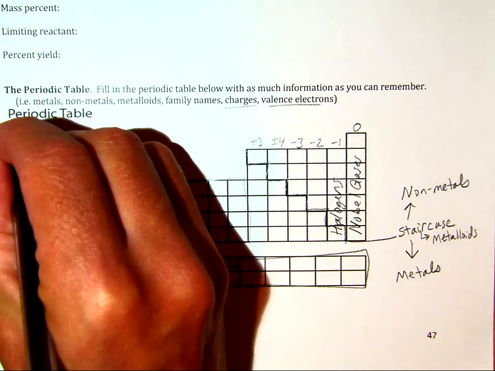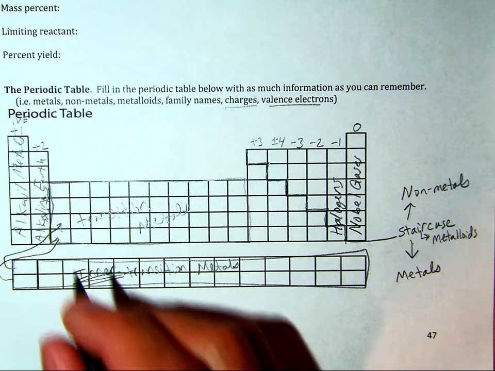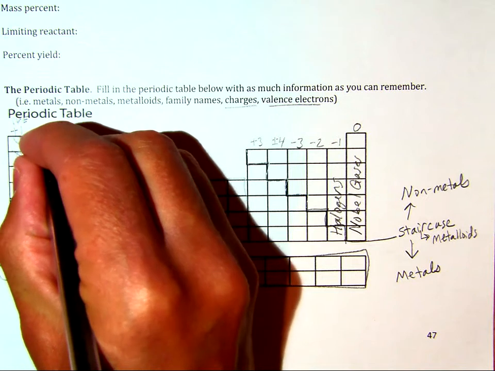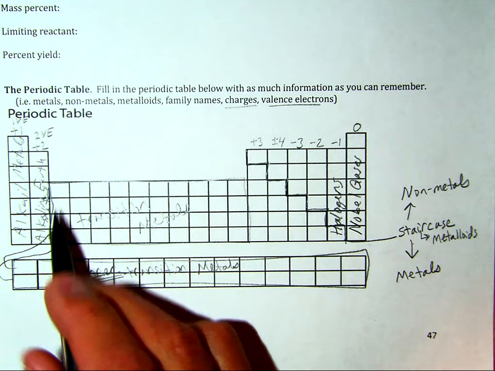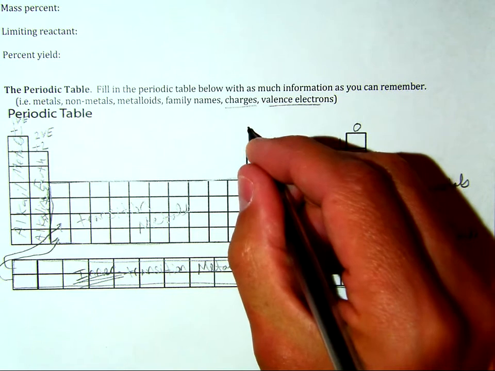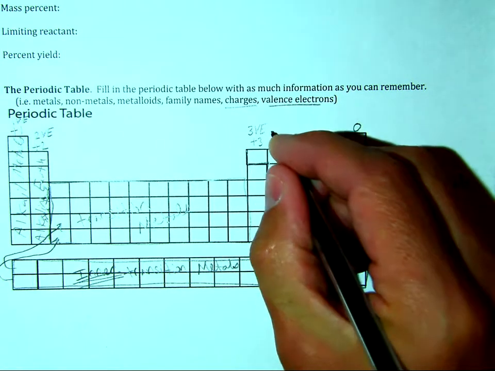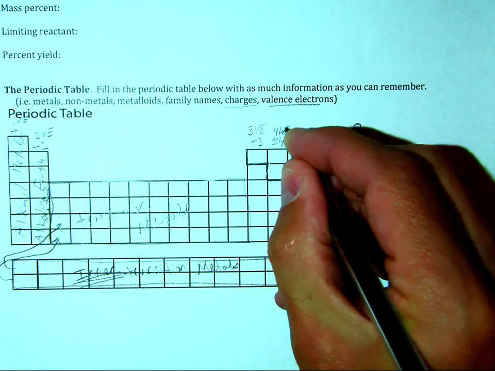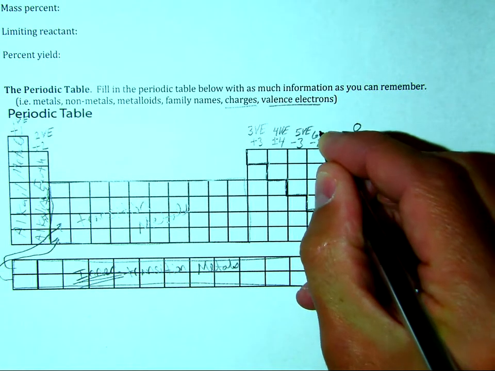Alright, now let's do valence electrons. So group 1 has 1 valence electron, so I'm going to put 1 VE. Group 2 has 2 valence electrons. We're going to skip the transition metals. Group 13 has 3 valence electrons, and it just keeps going up. So 4, 5, 6.